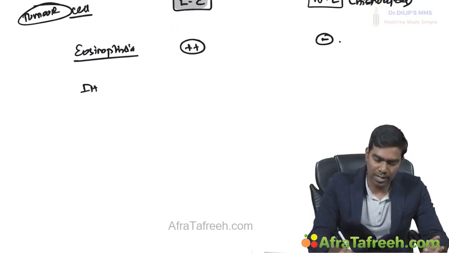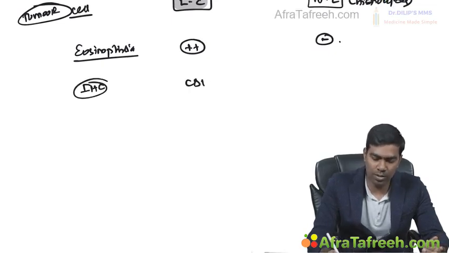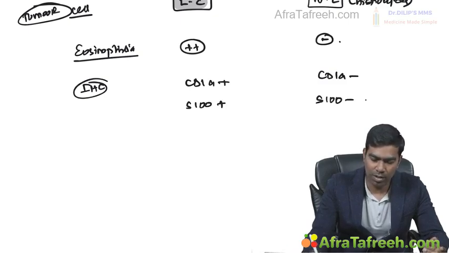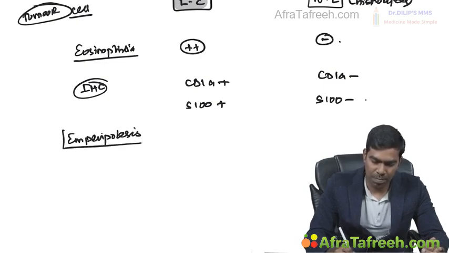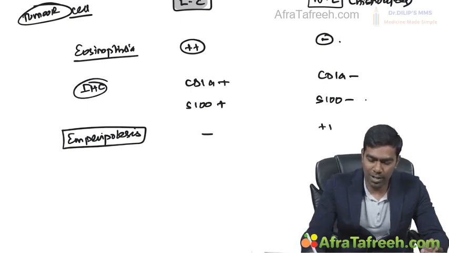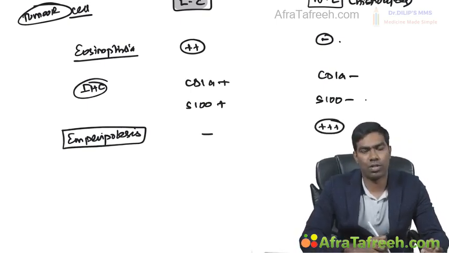And when you do an IHC, immunohistochemistry and immunostaining, I told you CD1a positive, S100 positive in Langerhans histiocytosis, whereas CD1a negative and S100 positive in Rosai-Dorfman disease. And finally, you have something called emperipolesis. Emperipolesis is not a feature of Langerhans histiocytosis, whereas it's a very common feature of Rosai-Dorfman disease.